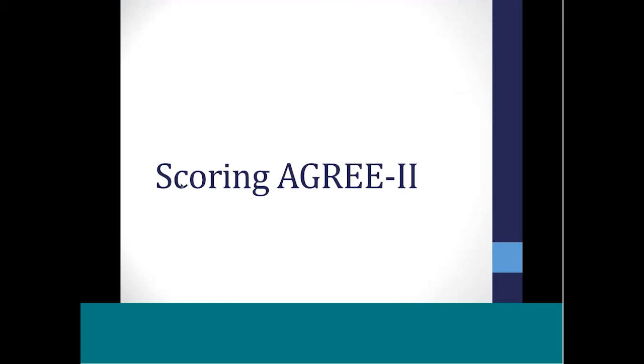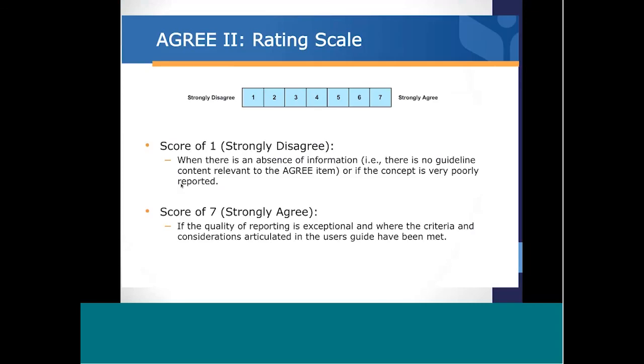So now that we know a little bit about the domain and about the content, how do we score the agreed to? So the score, the agreed to, is based on what we call a Likert scale. A Likert scale is a continuous score that goes from 1 to a specific number, in this case from 1 to 7, in which 1 on the left is where you're going to respond where you strongly disagree with that statement.